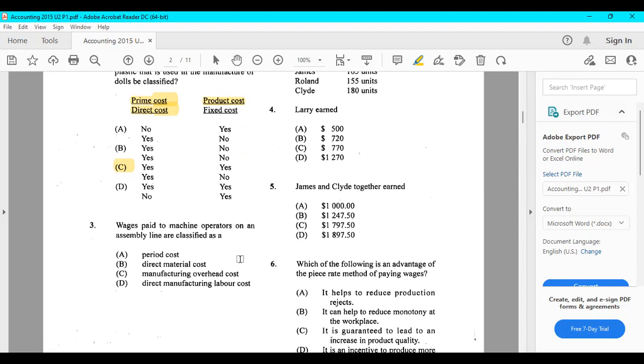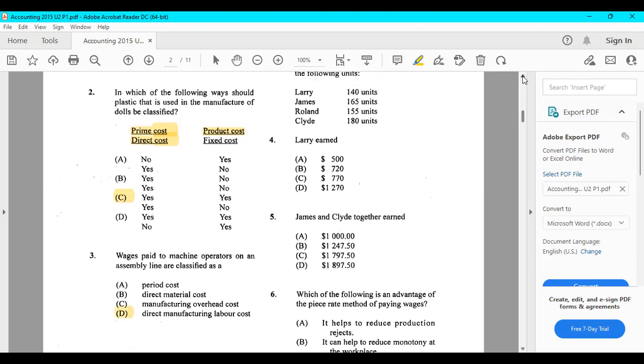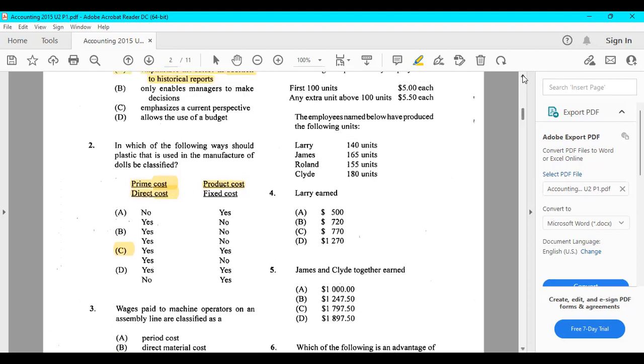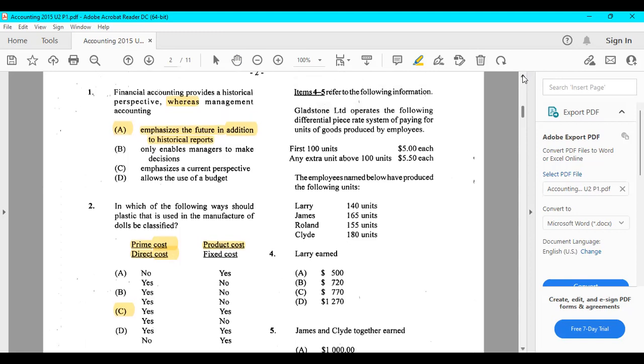So no, it's not direct material because that's not material, first of all. It's not an overhead cost. It's actually direct manufacturing labor cost, because these persons who operate the machines on the assembly line are directly linked to the making of the product. Because if they don't operate the machine, then product can't really be made, right? So they have a direct connection right there.